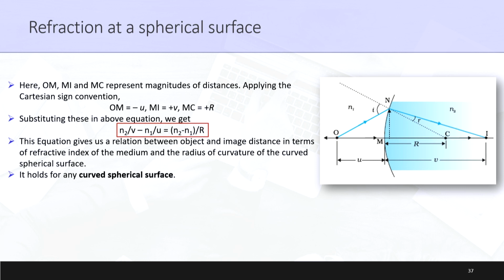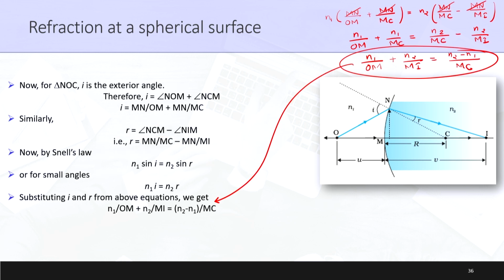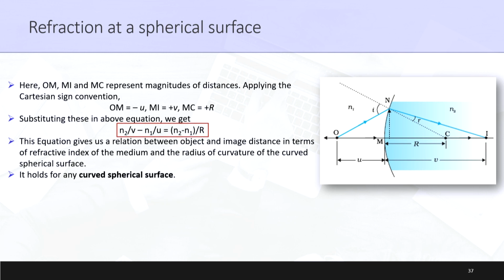Substituting these values in the above equation, what is happening here? n1 by OM, OM is nothing but minus u.